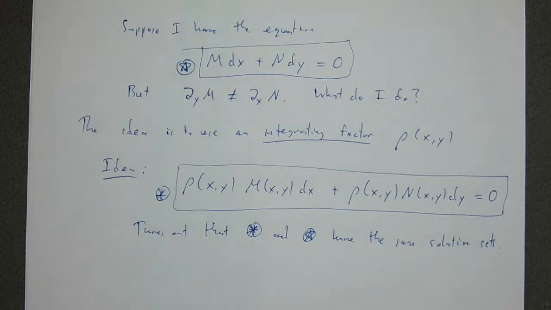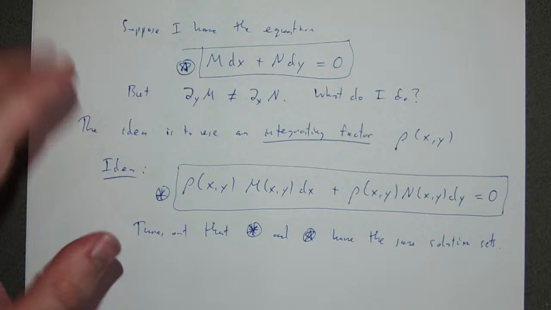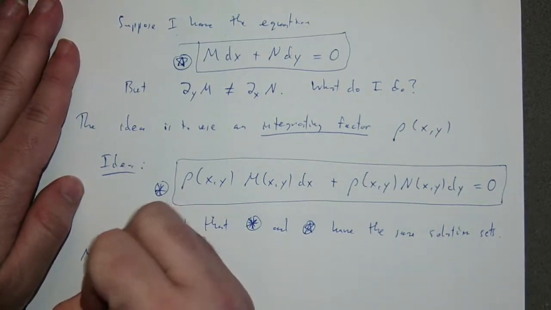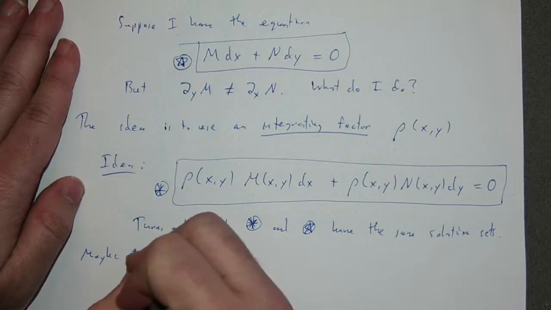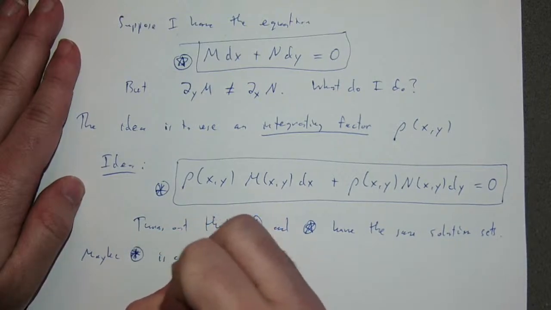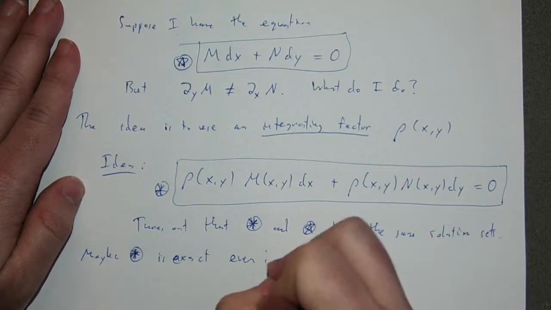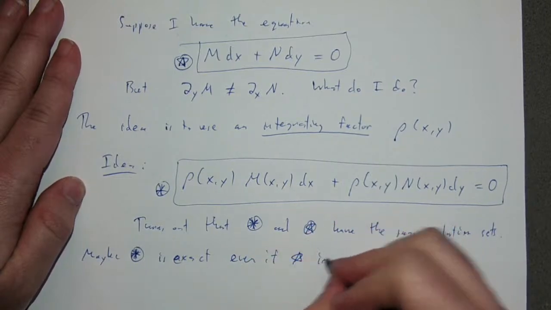Well, how does this help us, though? So if I started with an equation that looks like this, and now it looks like I have made that equation more complicated by multiplying by some function rho of xy, how does this help me? The idea is maybe this is exact. So maybe asterisk is exact, even if star is not.